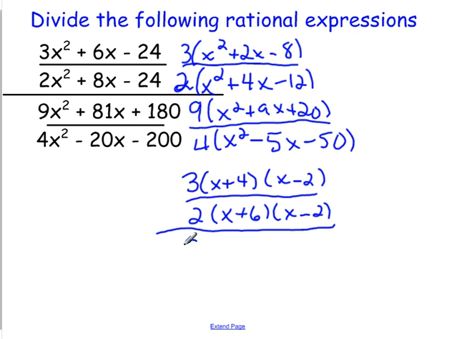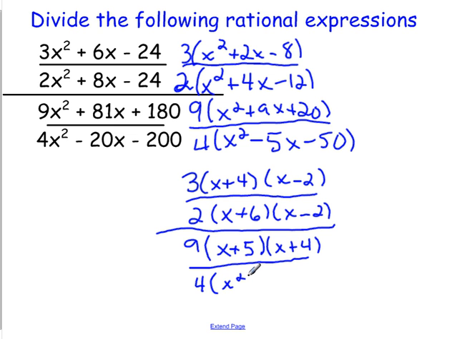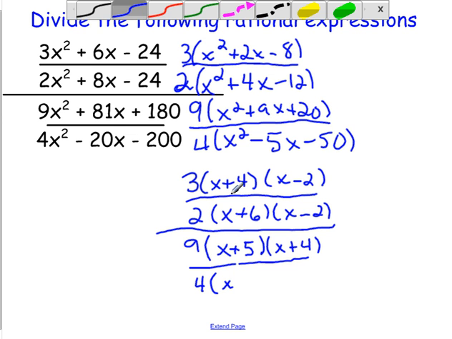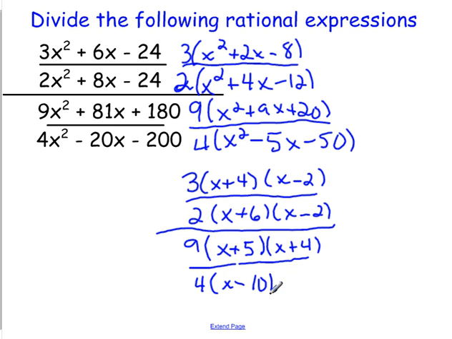And then this one's going to be 9. Let's see, multiply to 20, add to 9, so x plus 5, x plus 4. And then on the bottom, I'm going to have to think about this a little bit. Multiply to negative 50, add to negative 5. So I'm thinking negative 10 and positive 5. x minus 10, x plus 5.